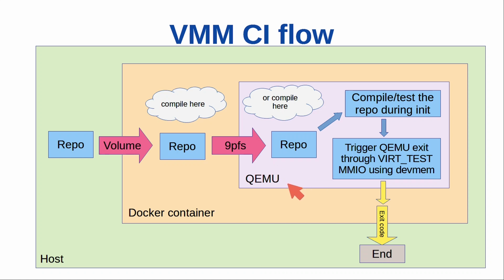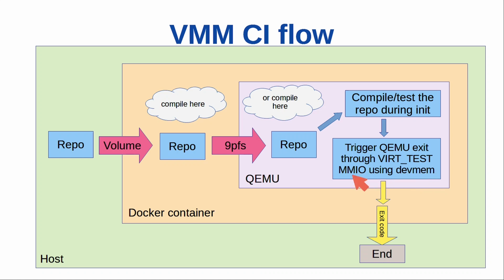Inside the QEMU guest, we can have a custom test service that does compilation or test during the init. Once that's done, then we can trigger QEMU exit through the virt-test MMIO device using the utility called devmem.